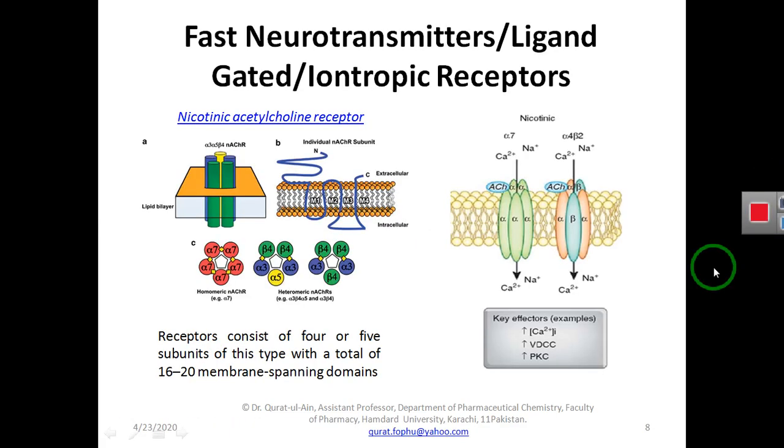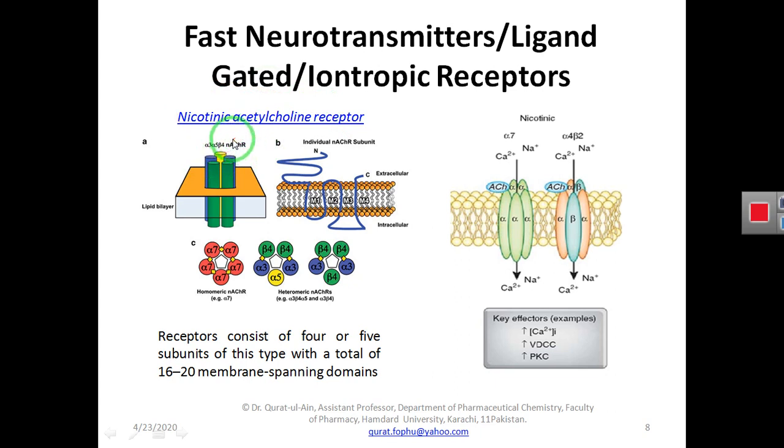We are starting from superfamily type 1, also called the fast neurotransmitter receptor, ligand-gated ion channel, or ionotropic receptor. First we will understand their structure, and then their function.